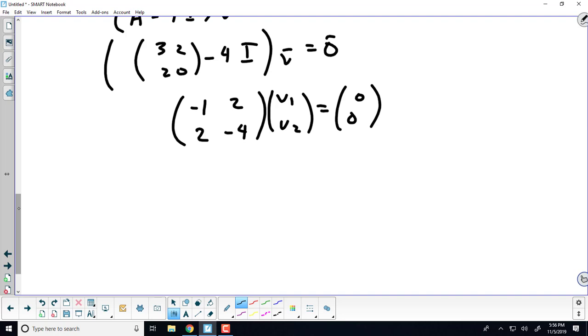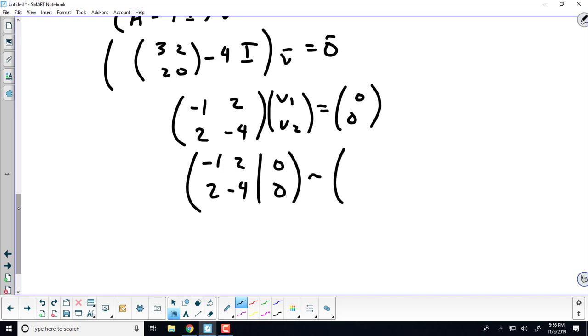How are we doing, folks? Okay, let's go ahead and find v1 and v2 through row reduction. Something's going to happen here that always happens. We'll do it the first few times, and then we won't think our way through the entire row reduction; we'll just do the first half of it. We need a 1 in that position, so we divide everything by -1, and we get 1, minus 2, 0, 2, minus 4, 0.